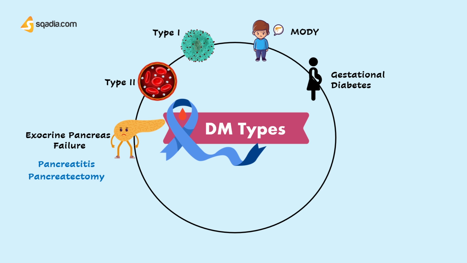And then we can have different causes that can result in the destruction of the islets of pancreas. That can basically be the carcinomas. We have namely the cystic fibrosis or conditions such as hemochromatosis. They can ultimately result in the destruction of the islets of the pancreas and ultimately resulting in diabetes mellitus in these patients.